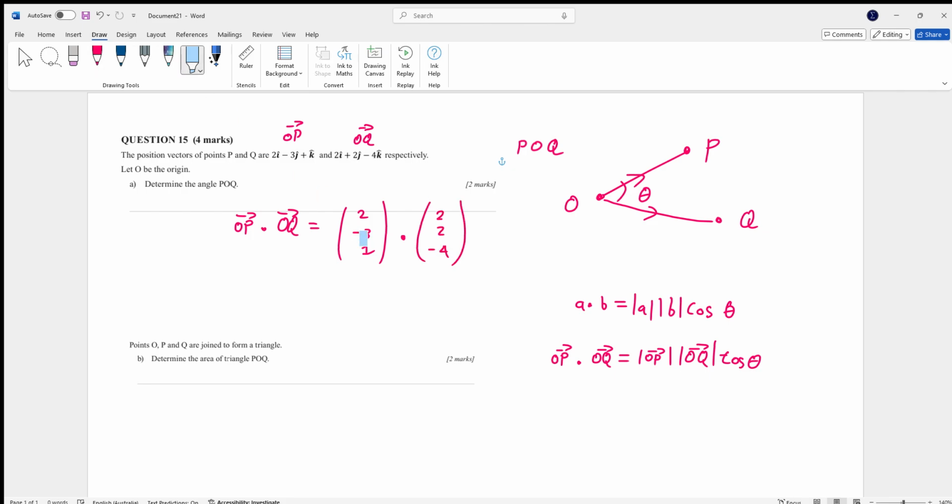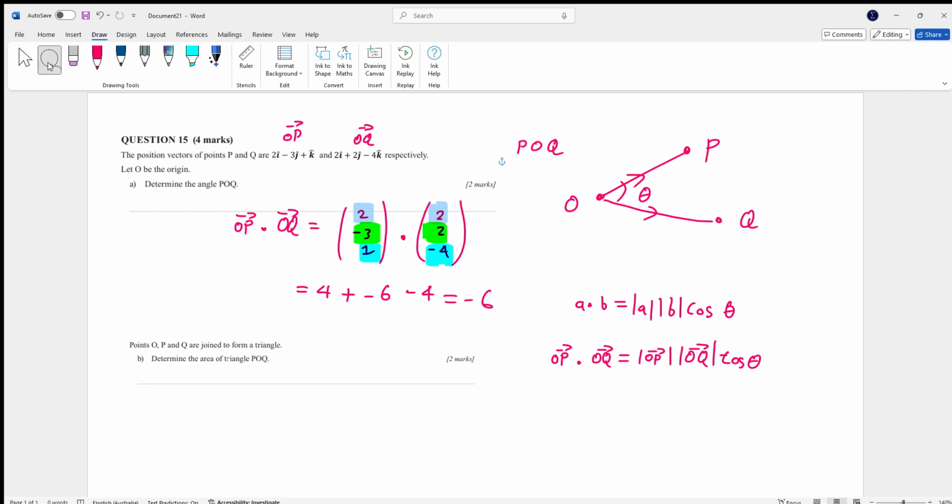When you're dotting vectors, you multiply the x components together, which gives 4, plus the y components multiplied together, and then the same with the z components. So -3 times 2 gives -6, and 1 times -4 is -4. So 4 plus -6 plus -4 gives -6 for the dot product.